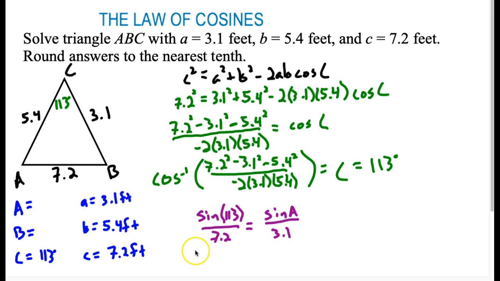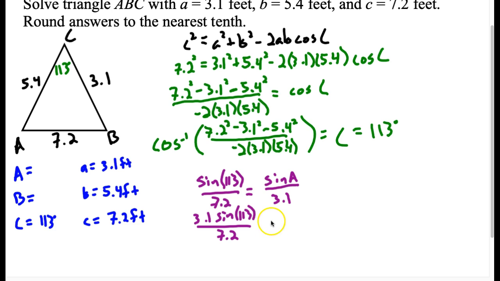multiply the 3.1 over, and I'm going to go ahead and do this in one step. After we multiply the 3.1 over, then we'll take the inverse sine of both sides to get angle A. Plug that in the calculator.